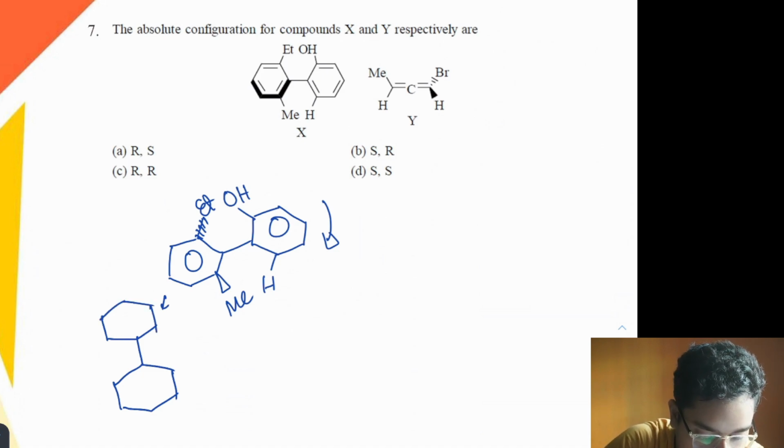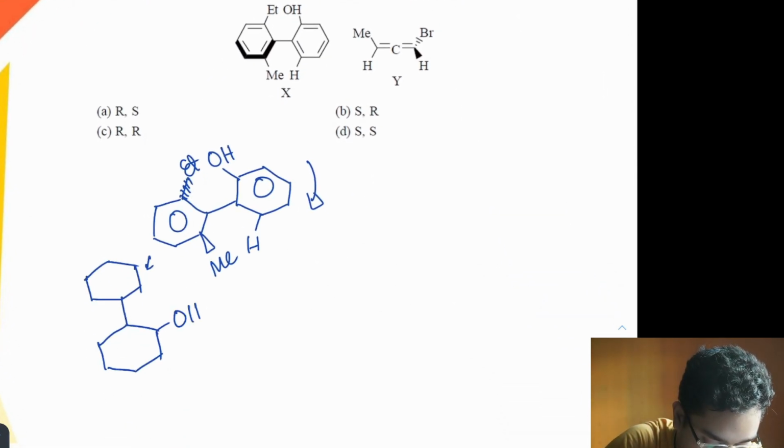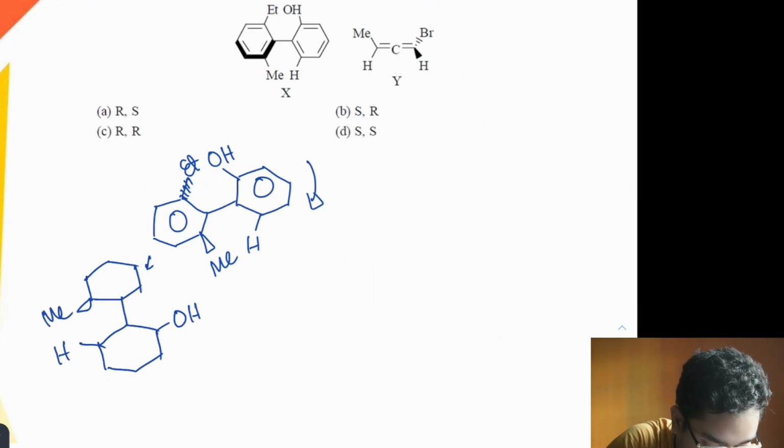See, if I rotate it this way, this particular OH should be present on the right hand side, and this will be present on the left hand side. Similarly, if the hydrogen is present on the left hand side, that means the methyl will also be on the left hand side, and this particular ethyl is present on the right hand side. Okay.